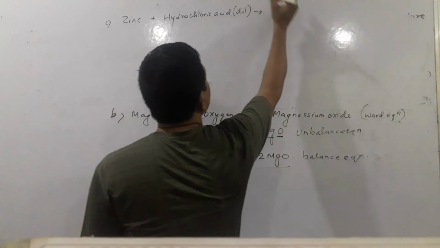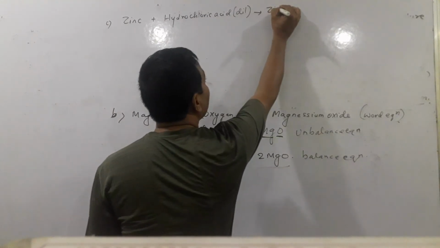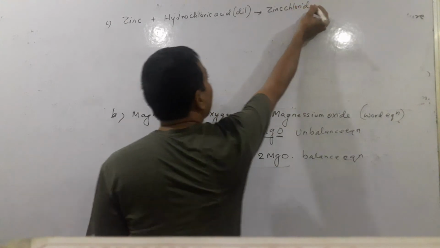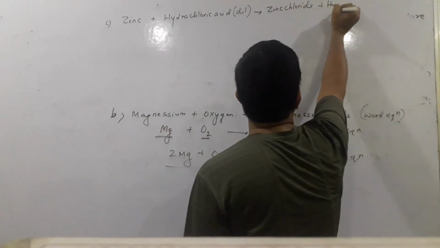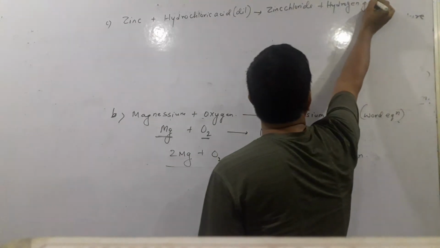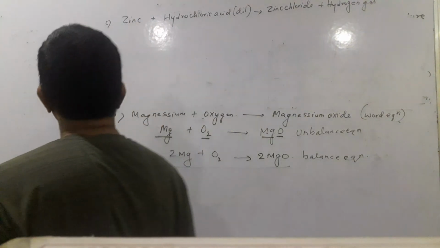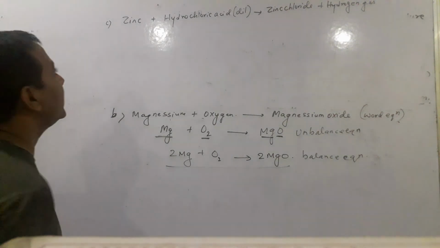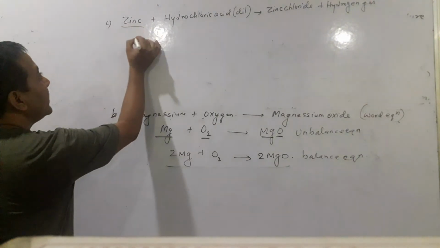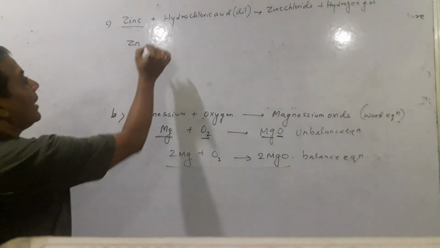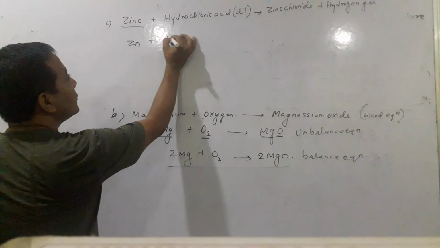It will produce zinc chloride plus hydrogen gas. Now what will you write? Zinc means, what is the symbol of zinc? Zn. Okay. Hydrochloric acid, HCl.